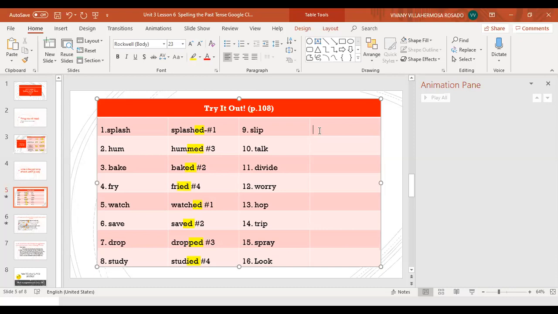It does have a single vowel, so check mark. It ends with vowel consonant, with IP, that's vowel consonant. So for slip, we double the consonant and then we add ED. Okay, and we are following rule number 3.